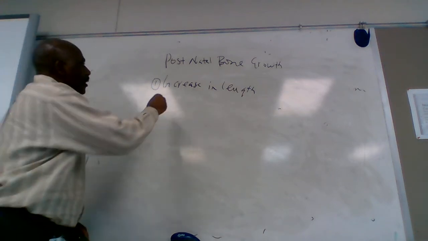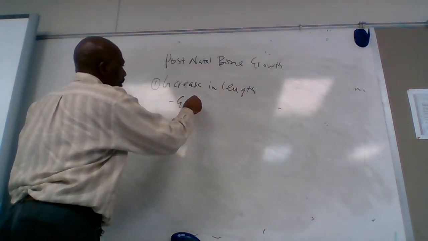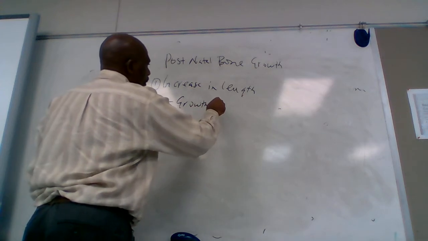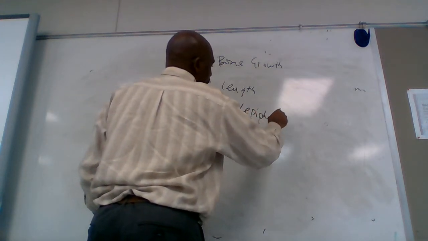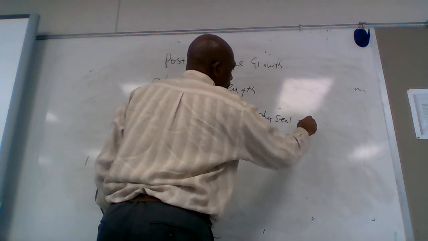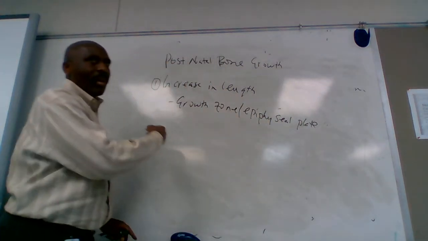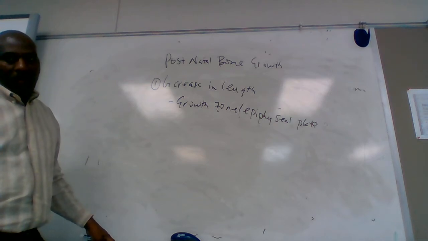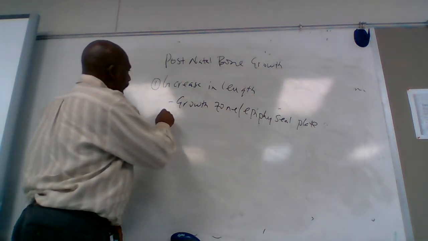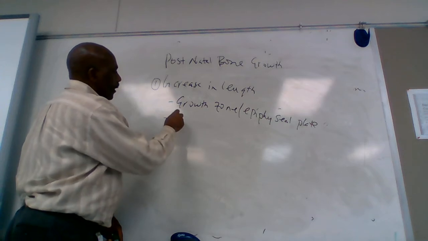So how does a bone increase in length? This takes place in the growth zone or the epiphyseal plate. If you go back to the rough diagram I put on the board earlier on, you should be able to see where this takes place. So how does the bone grow from there?